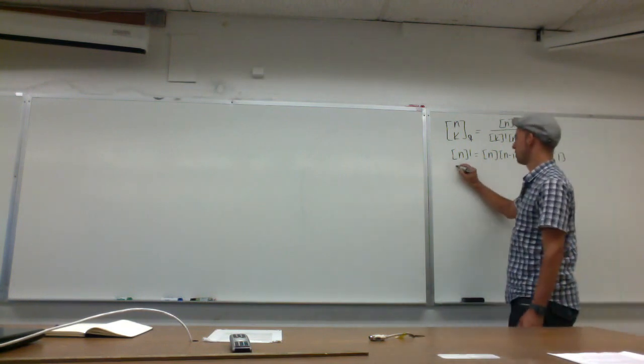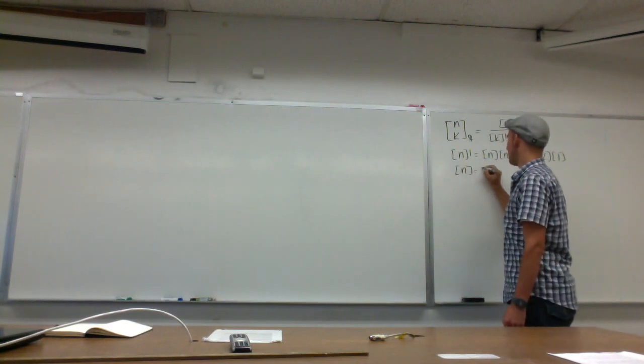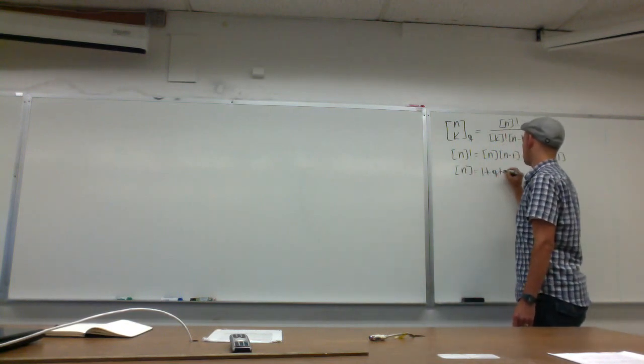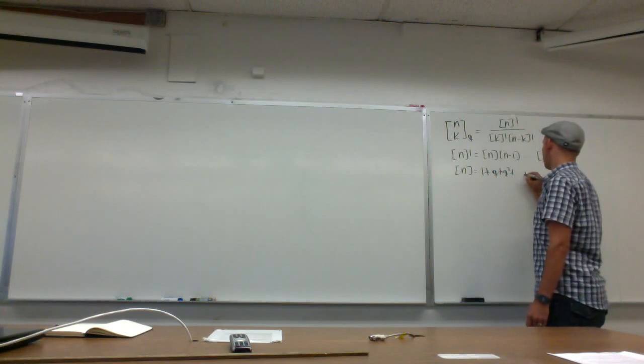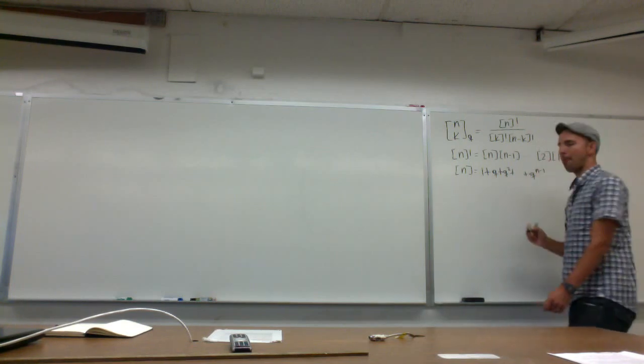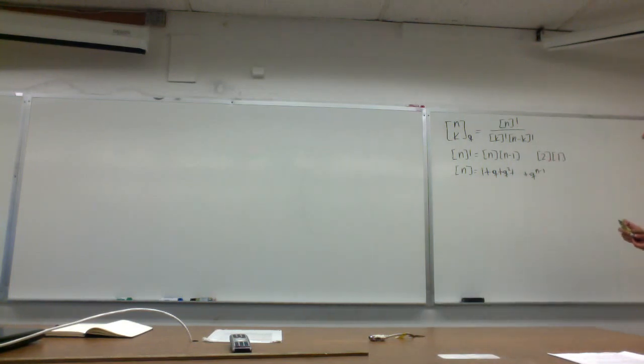And the q-analog of n is the polynomial 1 plus q plus q squared up to q to the n minus 1. Okay?